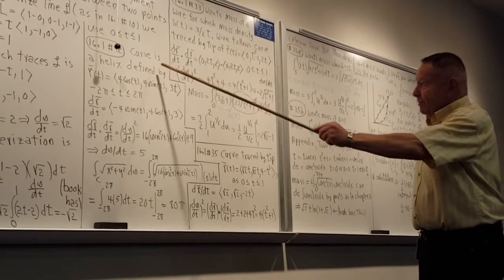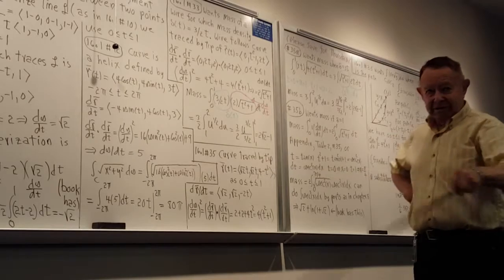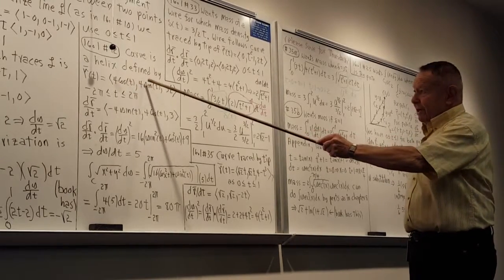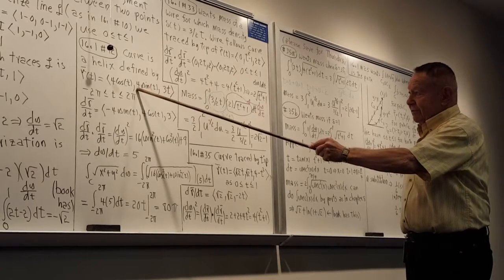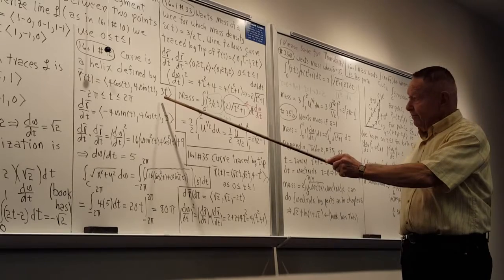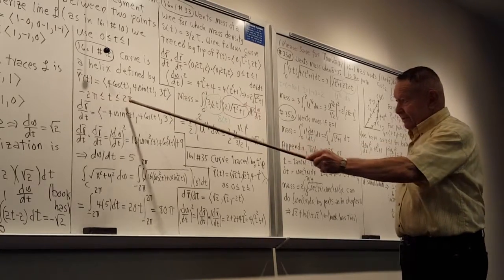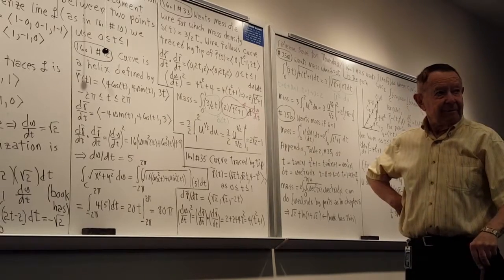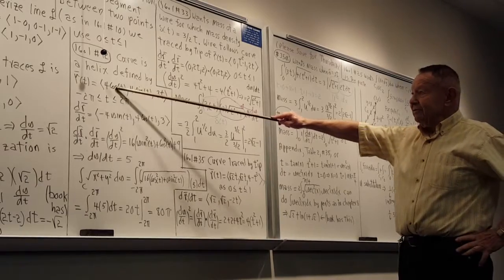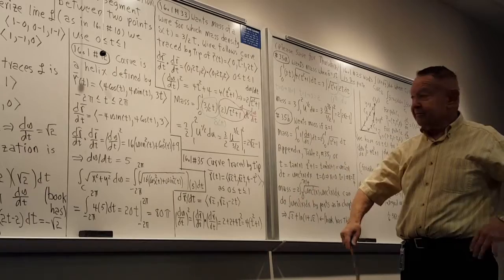Look at problem 12. The curve is a helix, a coil, spring sort of thing. So you're going around in a circle with radius 4, and you're climbing in z. And they're telling you the limits on t. So this is more typical, where they've given you the parameterization and the limits.